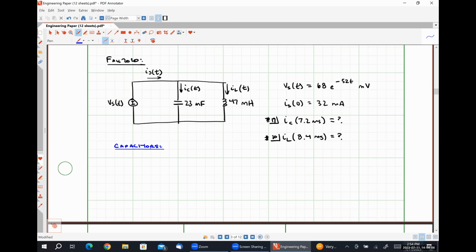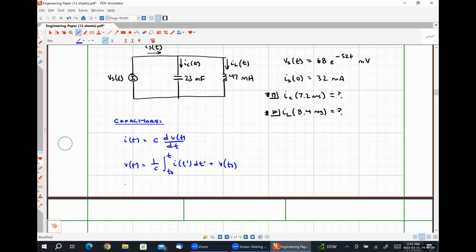So we have our derivative-based relationship that says I is equal to C dV by dt. We have our integral-based relationship that says V is 1 over C times the integral from t naught to t of I dt plus V at t naught.